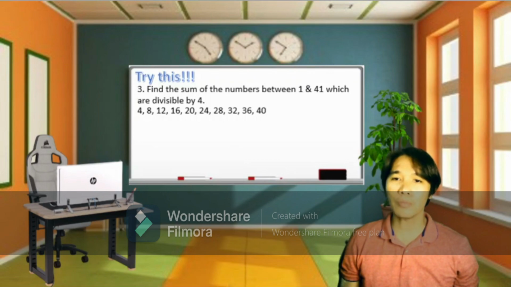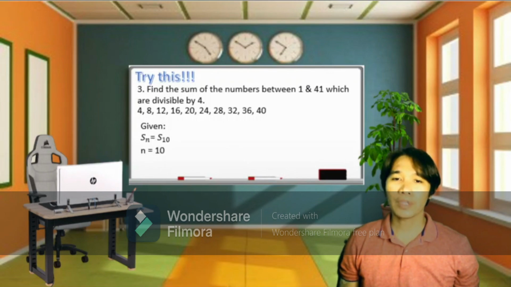So those are the numbers divisible by 4 between 1 and 41. We are looking for the sum of the first 10 terms because there are 10 numbers divisible by 4 between 1 and 41.